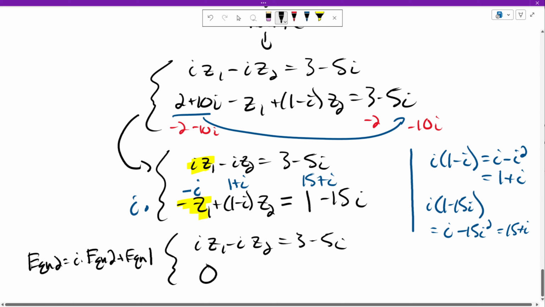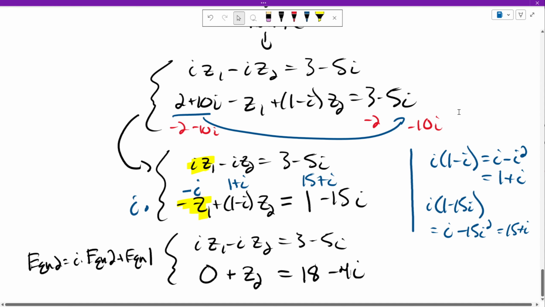So this first one's going to be a 0 because we have iz1 minus iz1, that's 0. And then we're going to have negative iz2 plus 1 plus iz2. So the i's are going to cancel and we're just going to get a z2. And then our last guy here is going to be 3 plus 15 is 18. And negative 5i plus i is negative 4i.